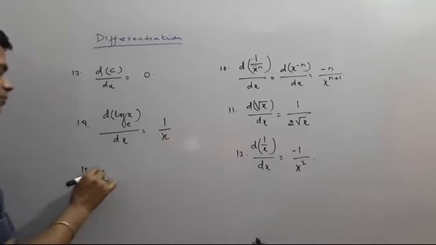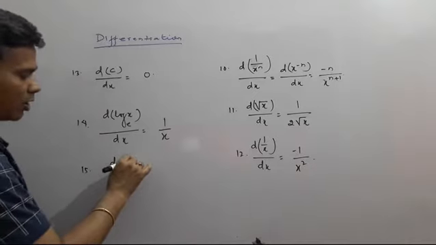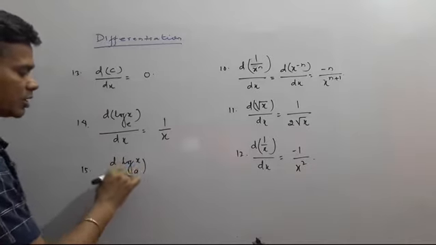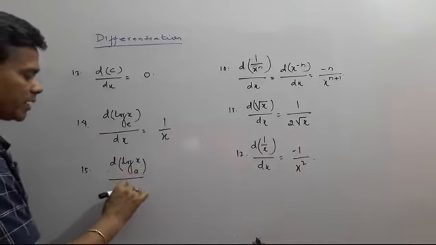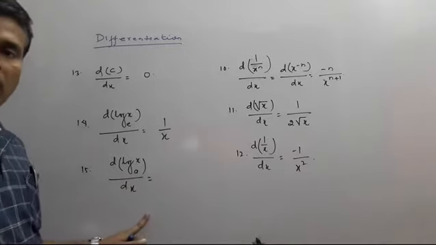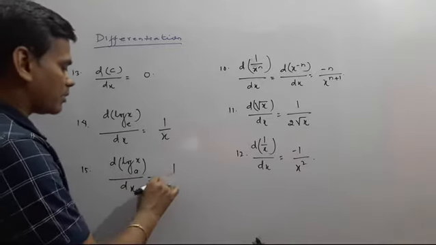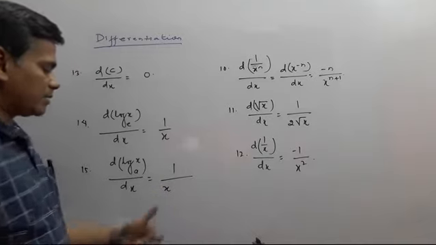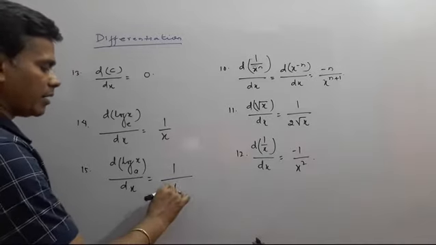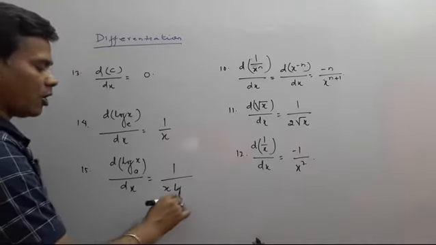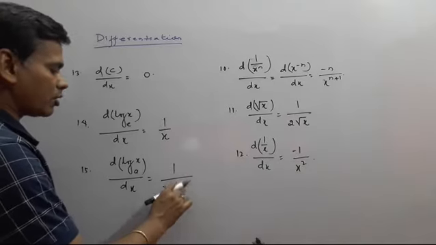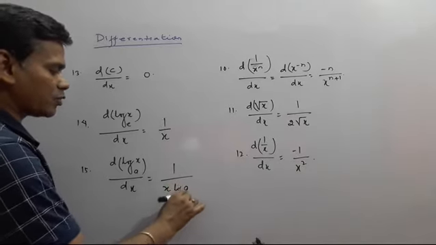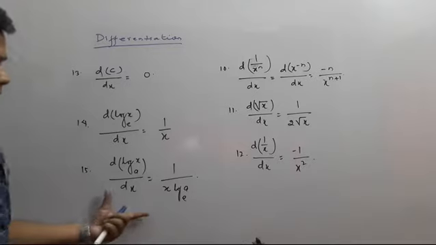Number 15, the differentiation of log x, but it is not the natural logarithm. Then in this case you will have to write the answer as 1 by x into log e to base a. Very important.